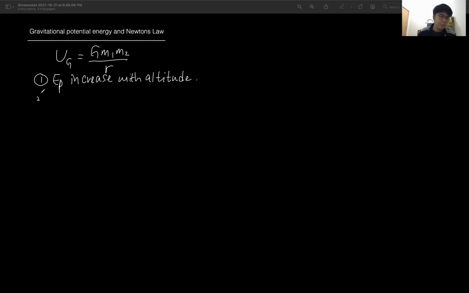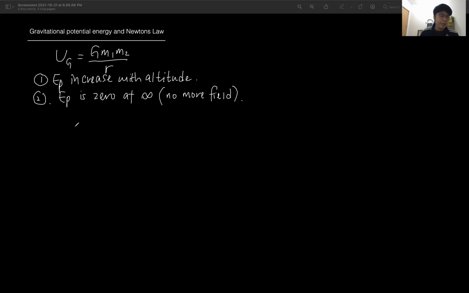Number two, gravitational potential energy is 0 at two points: the center of the Earth and also infinity. Here I would write infinity because there's no more field. At infinity, a body just floats, does nothing. These two things, we have to make sure our equation satisfies. You see, there's a problem with our equation here.